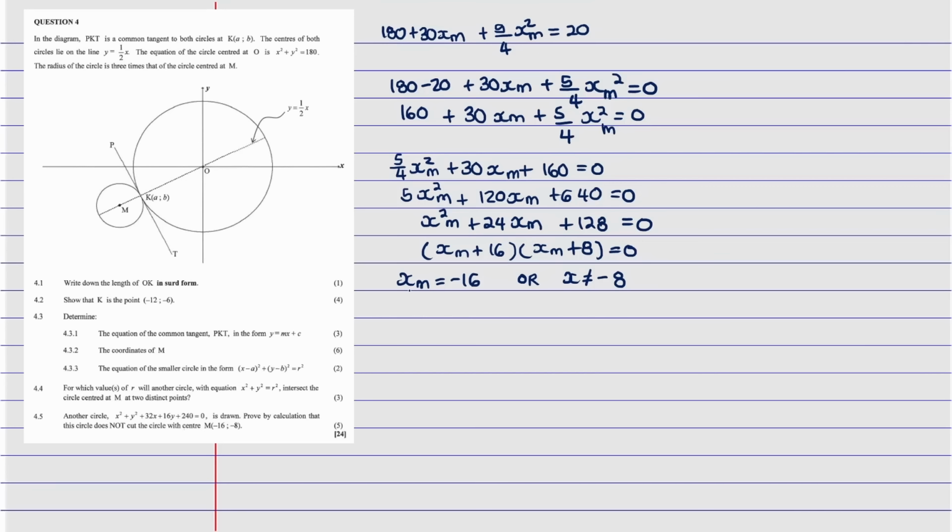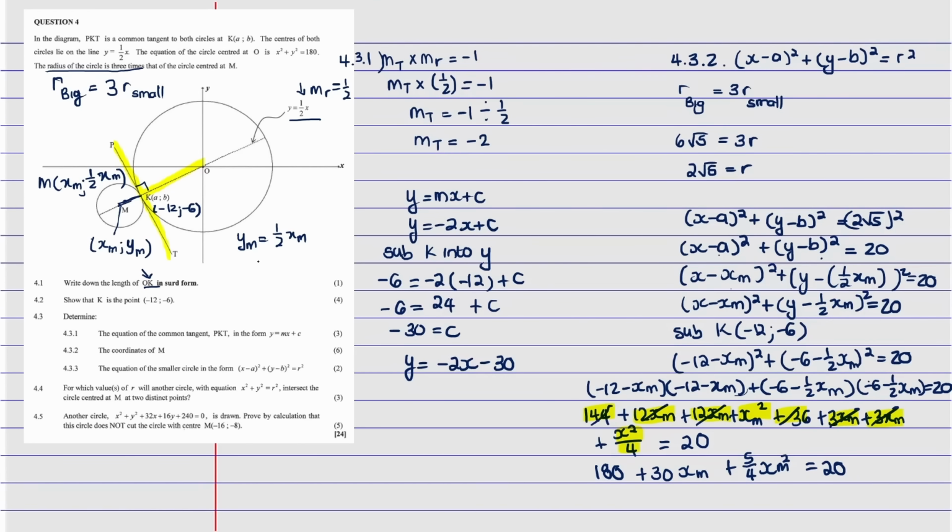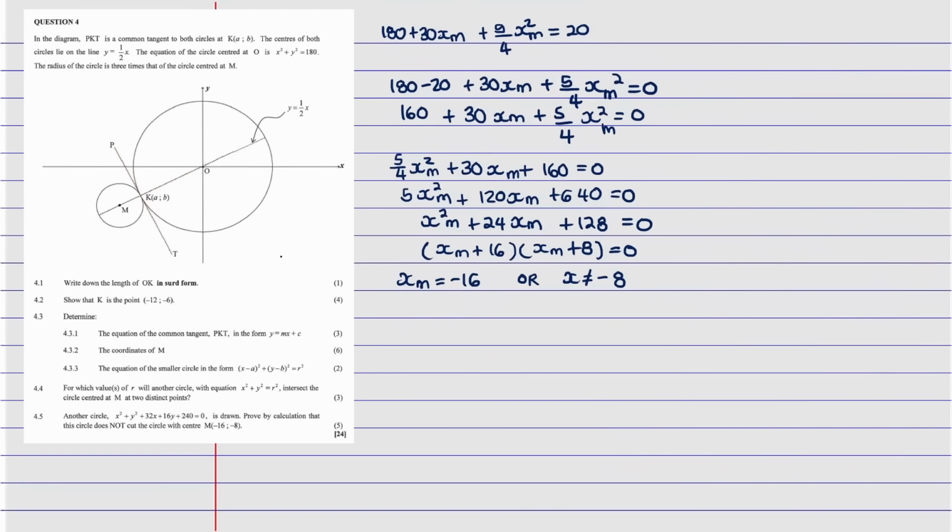So now with that said, we can substitute this xm. Remember that relationship, the new relationship that we formed. I'm going to substitute my xm there. I said that ym equals 1 over 2 xm. So I'm going to substitute xm equals negative 16 into ym, which equals 1 over 2 xm.